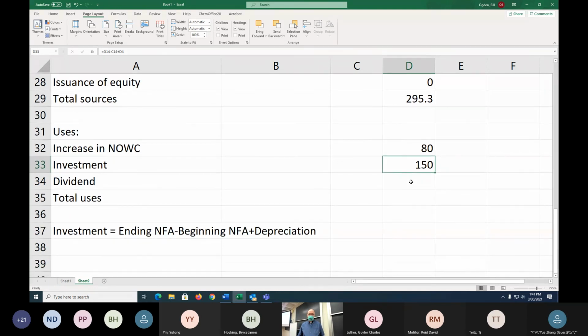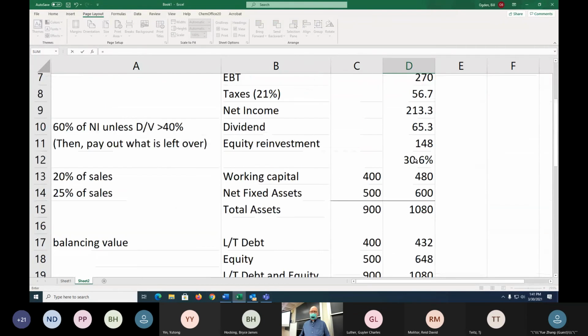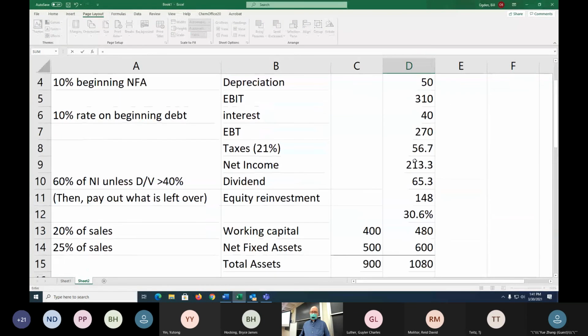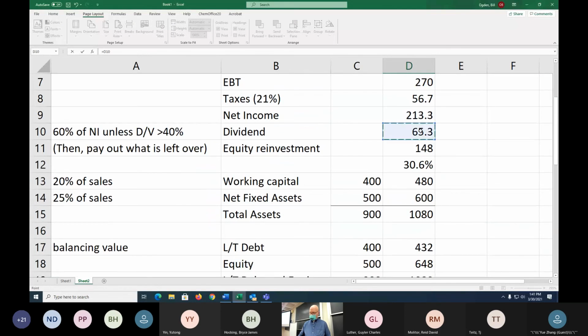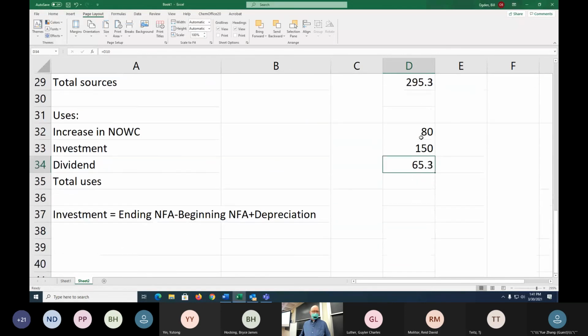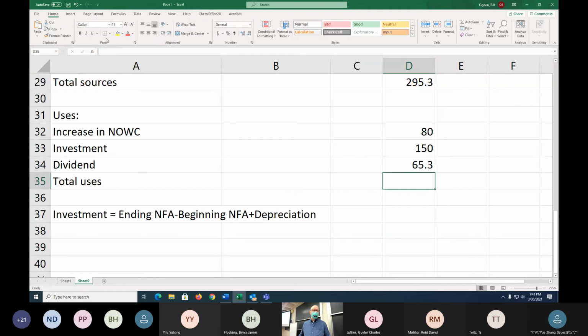Then we come to dividend, which we know. Okay. And our total uses. It's not exactly the same, doesn't it?